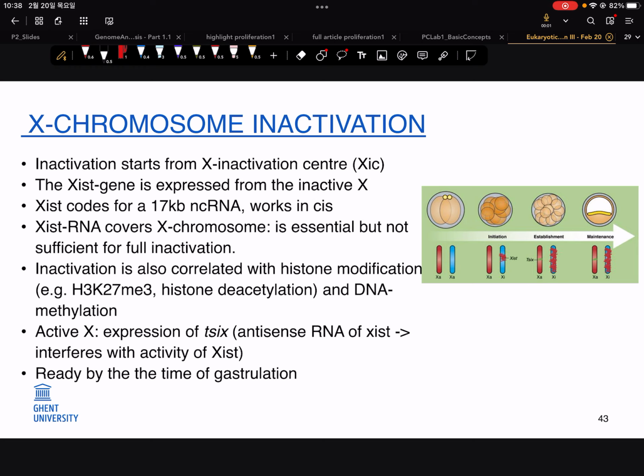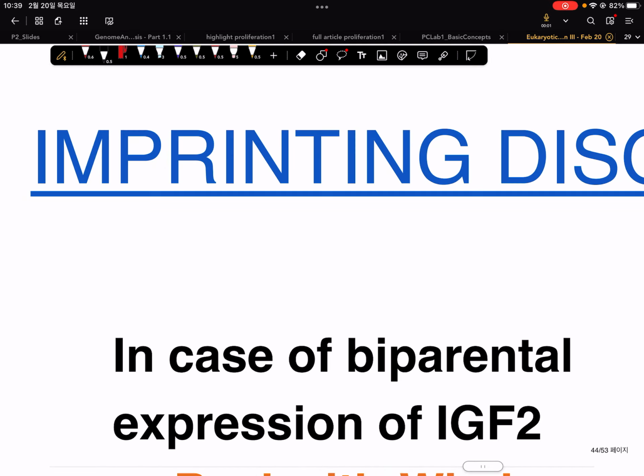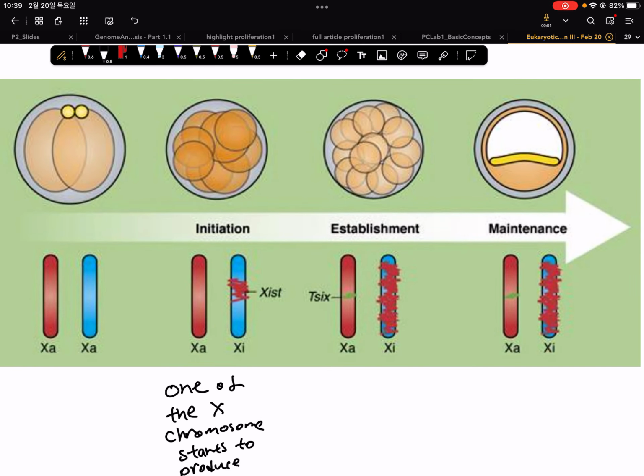At a certain moment, one of the X chromosomes is starting to produce Xist. And again, we don't know what determines which of the two will express Xist. You get expression of Xist here on one of the two X chromosomes. And in each cell, it could be another one of these 8 cells.